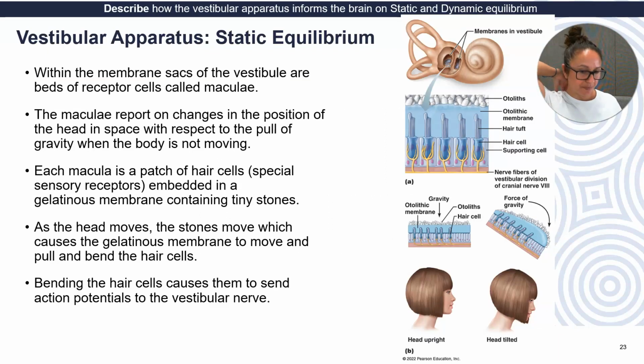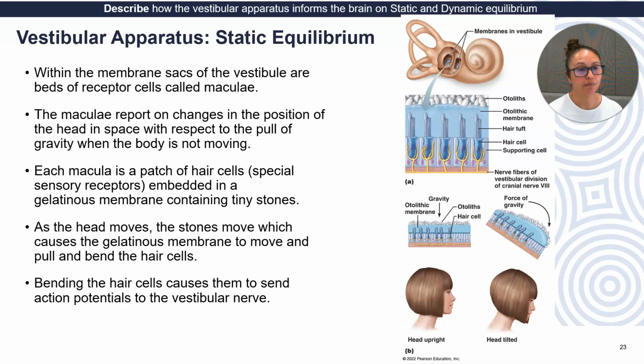Here we go. Now, static equilibrium. This has got to do with your head with regards to space. So you're not moving per se. For example, when you go up a lift, you know you're going up the lift, right?